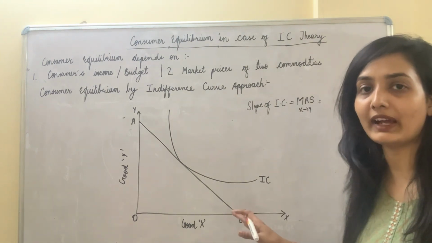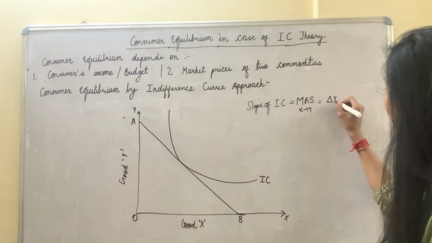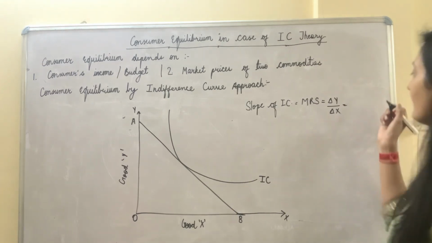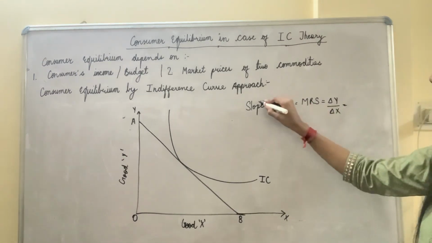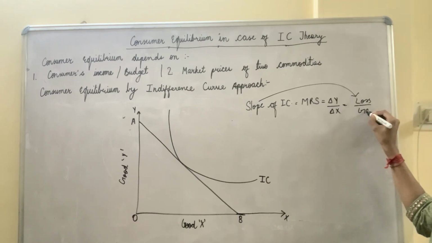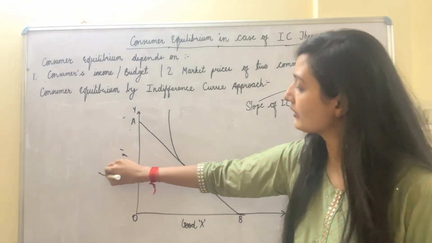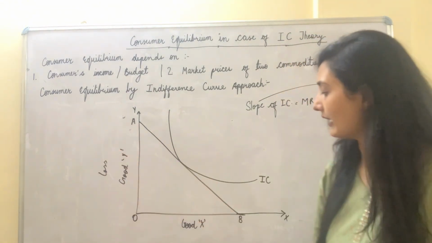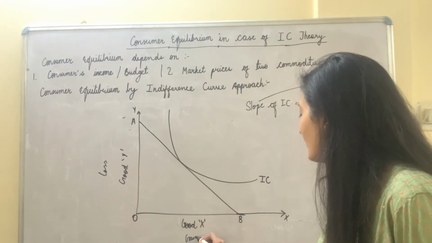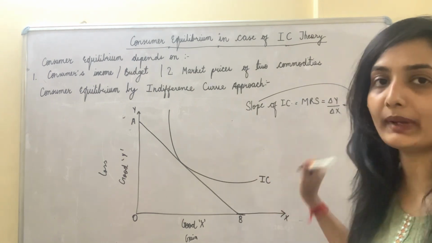That is change in y upon change in x. We can represent it through loss by gain, and we show loss on y-axis and gain on x-axis. So generally the slope is equal to loss by gain.